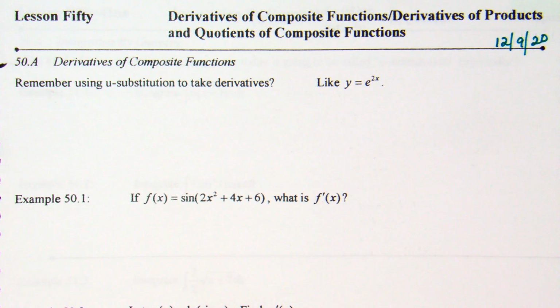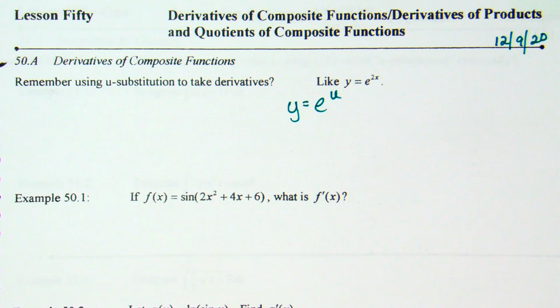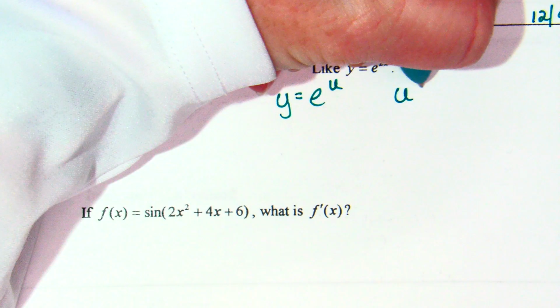Okay, e to 2x, e to some power, right? Okay, e to the x, whatever. So what I'm going to think of this as for a moment is the idea of U substitution. So I'm going to say, okay, I'm going to represent my function as y equals e to the u. And if I do that, what is u? U is representing 2x.